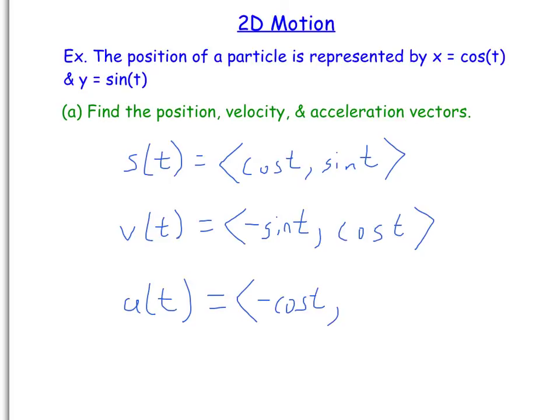And then for the y component of acceleration, we would differentiate the y component of velocity, and the derivative of cosine of t is negative sine of t. So the acceleration vector would be negative cosine t, comma, negative sine t.